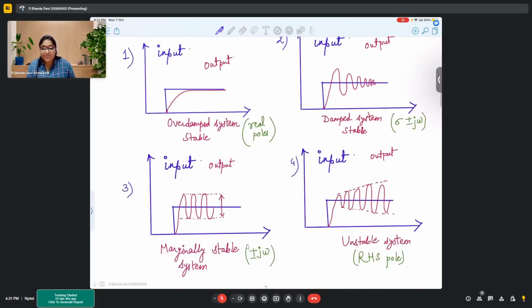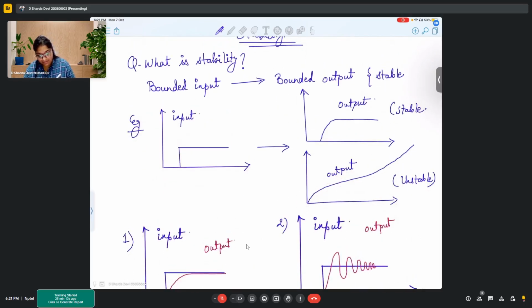We'll also discuss why stability is a concern for second order systems. Stability is never a concern for first order system. First order system, by that I mean only one pole. A system with single pole is first order system. If a system has two poles, then it is second order system. So in case of first order system, it is always stable.